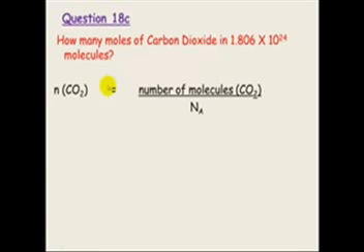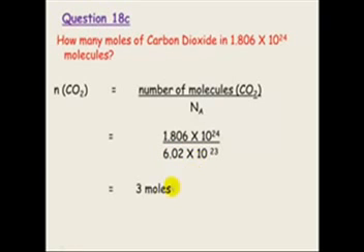So we can work out the number of moles of carbon dioxide by the number of molecules divided by Avogadro's number. So that's 1.806 by 10 to the 24th divided by Avogadro's constant. And that tells us that there's 3 moles. In other words, 3 times 6.02 by 10 to the 23rd molecules of carbon dioxide.